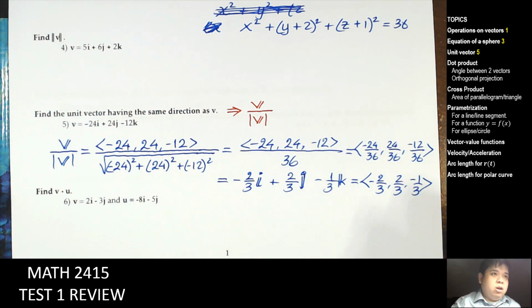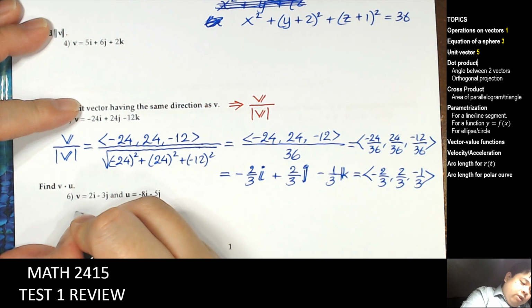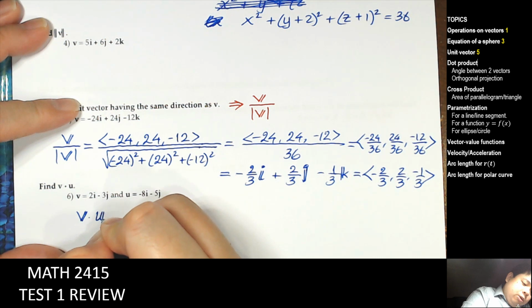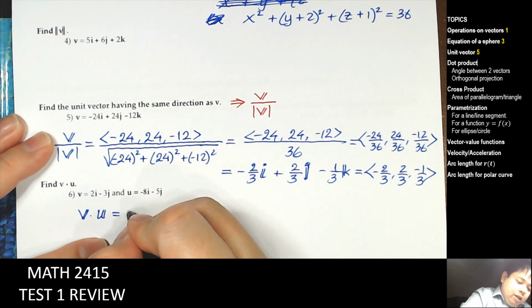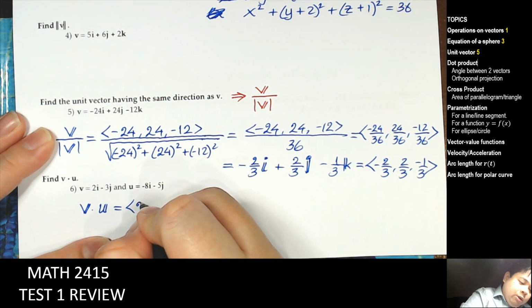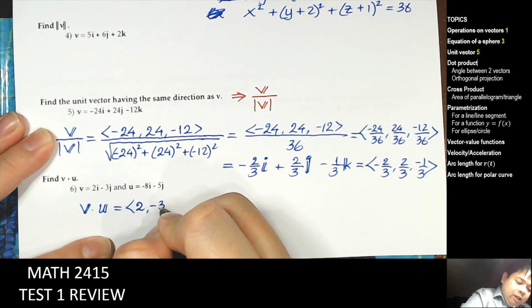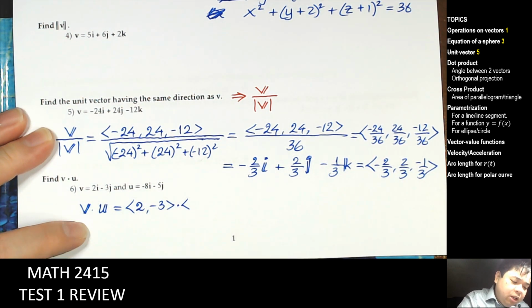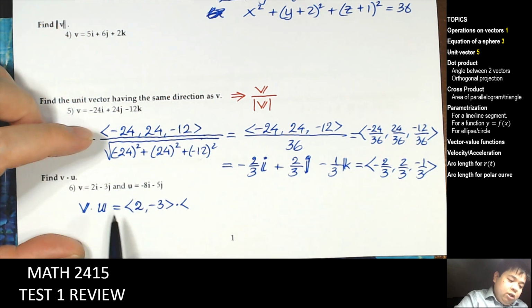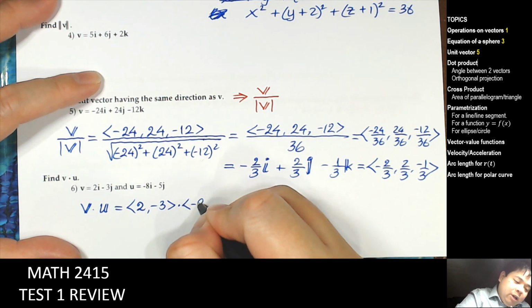Right. Next we have the dot product. The dot product formula itself is pretty simple. We just find the sum of the products of the components. So v dot u equal to v, which is 2 and negative 3, dot u, which is negative 8, negative 5.